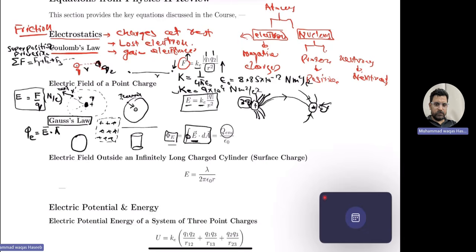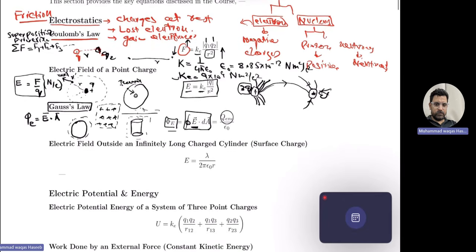To apply Gauss's law, you need to have a closed Gaussian surface according to the symmetry. So you take the Gaussian surface, and then you apply Gauss's law, which is the integral of E dot dA over a closed surface equals Q enclosed divided by epsilon naught.